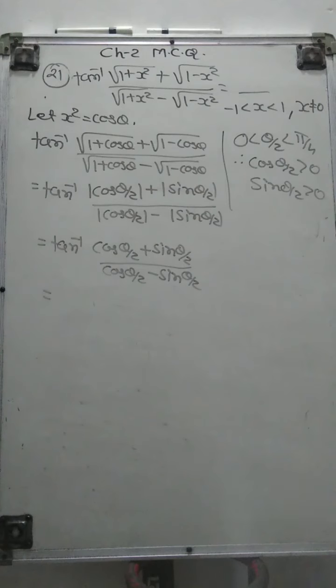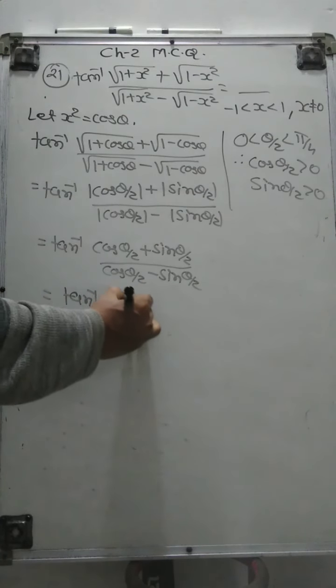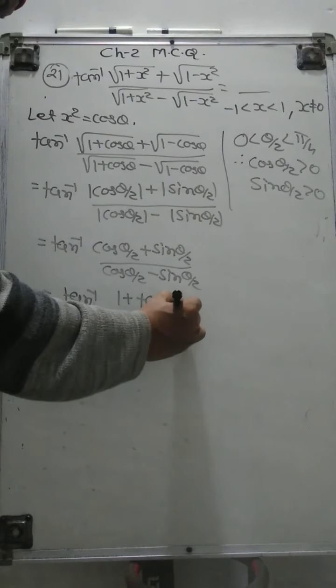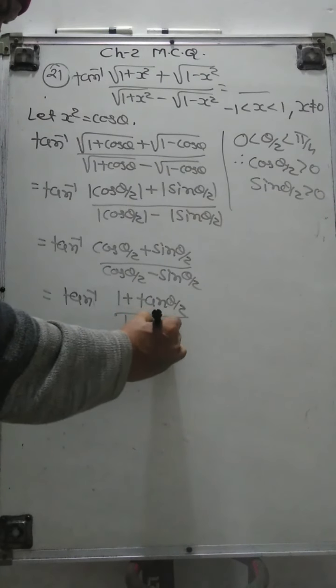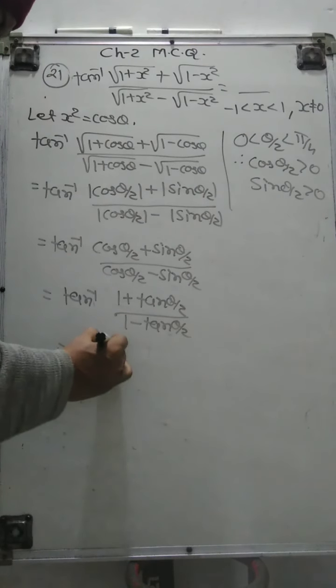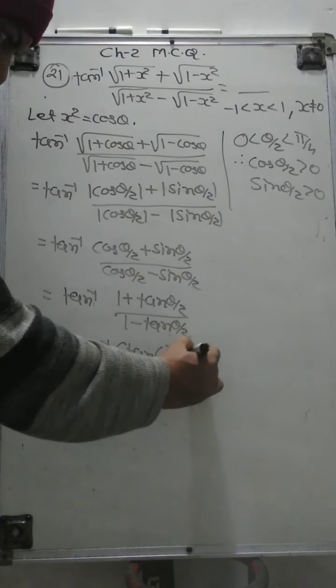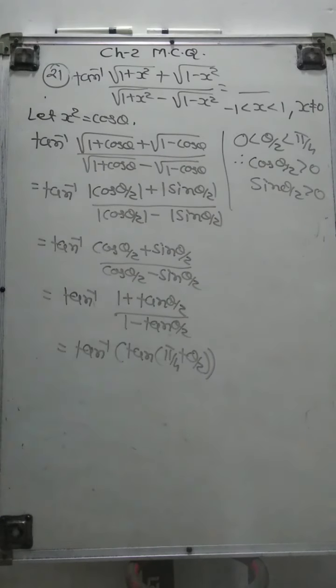Now we divide it by cos theta by 2, then we get tan inverse 1 plus tan theta by 2 upon 1 minus tan theta by 2, right? So it is tan inverse tan pi by 4 plus theta by 2, right? Now we want to check in which quadrant pi by 4 plus theta by 2 lies.